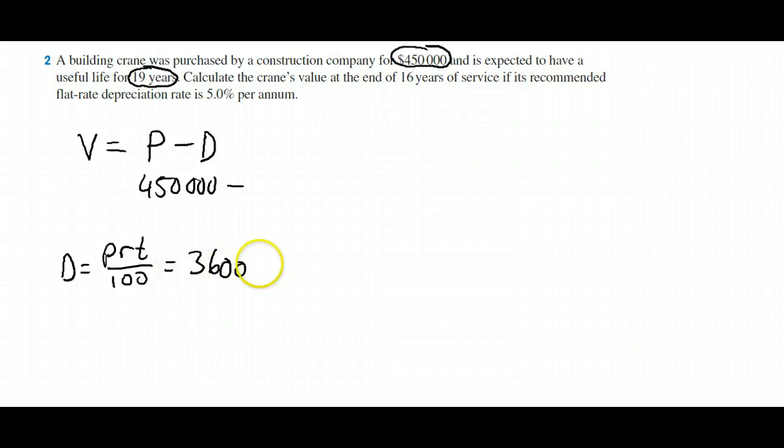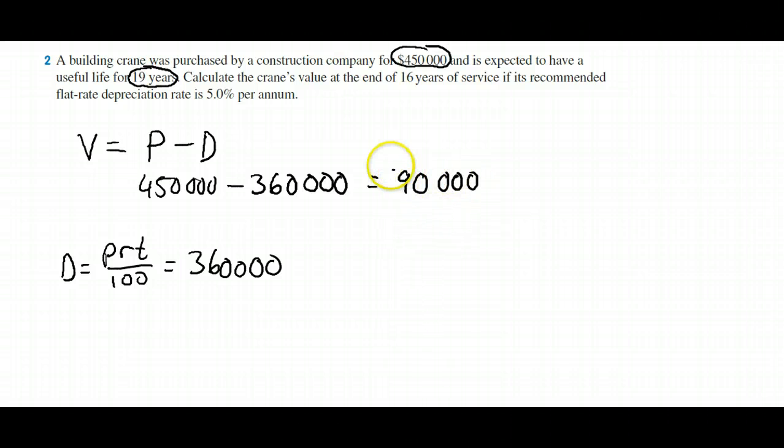And if we put that into our equation up here to find the book value, then we get $90,000. That's the value of the crane after 16 years of service. And this 19 years was a bit of a red herring, it wasn't really important.